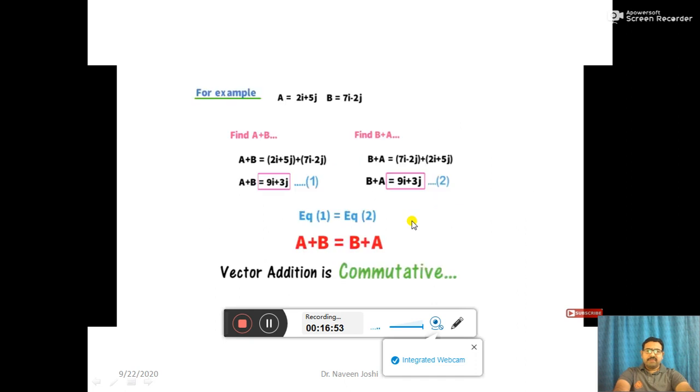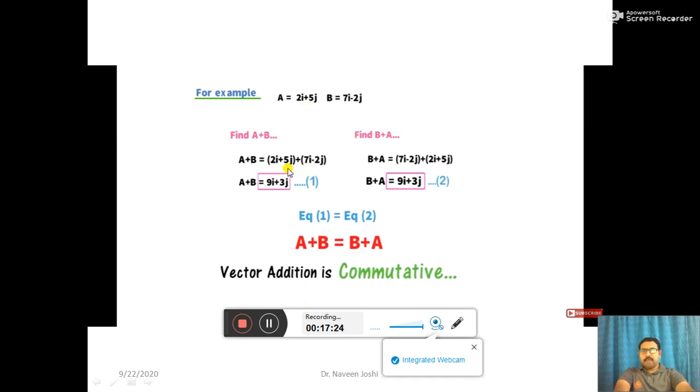Next, vector addition is commutative. Let's verify with an example. Here vector A equals 2i plus 5j, vector B equals 7i minus 2j. We know the definition of the commutative law is A plus B equals B plus A. Find A plus B: first vector 2i plus 5j plus second vector 7i minus 2j.